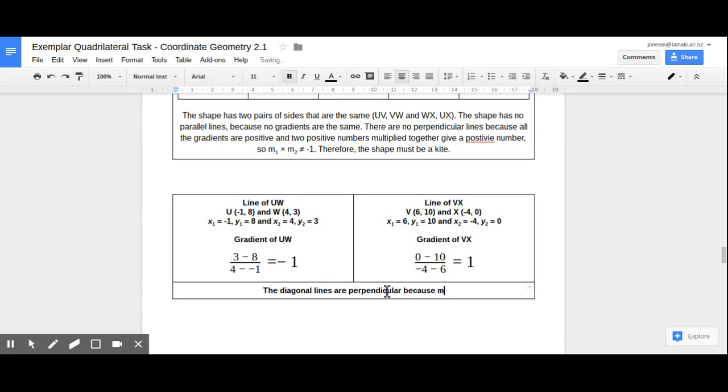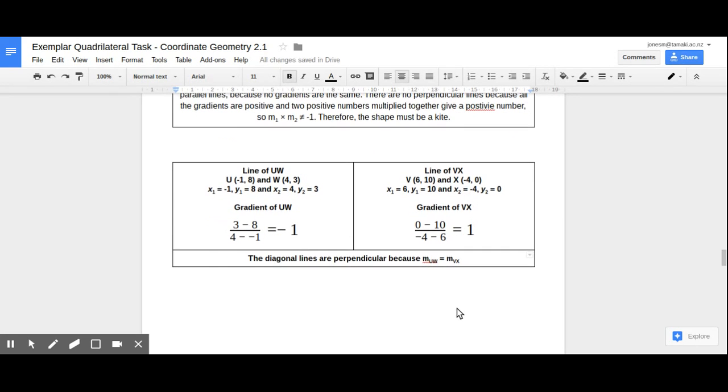The gradients are not equal to each other, they're perpendicular.